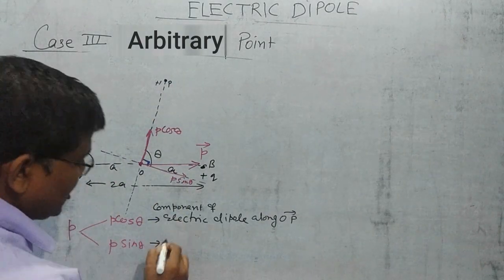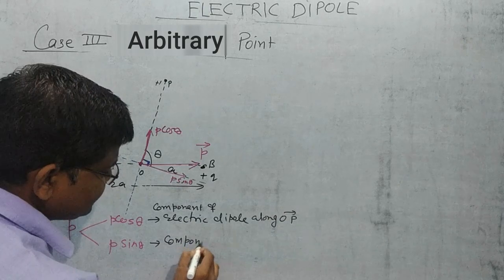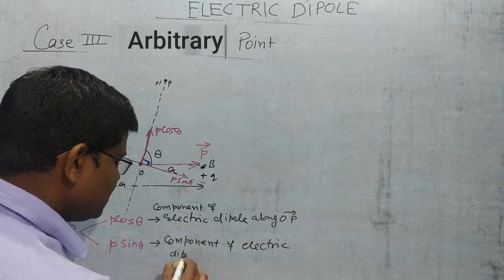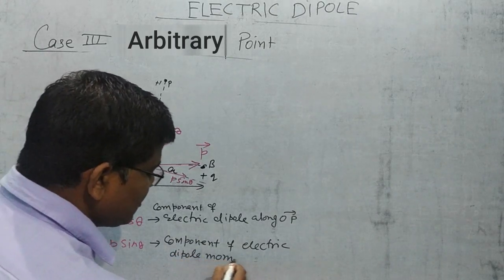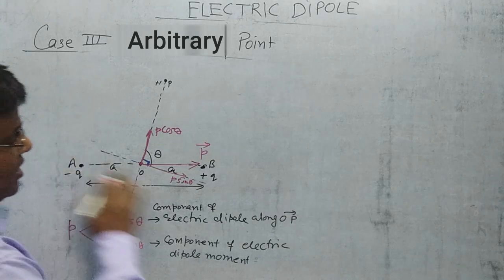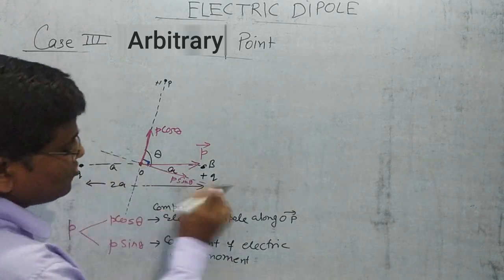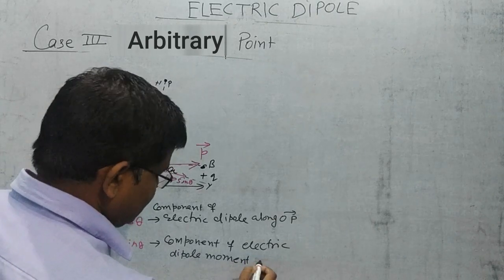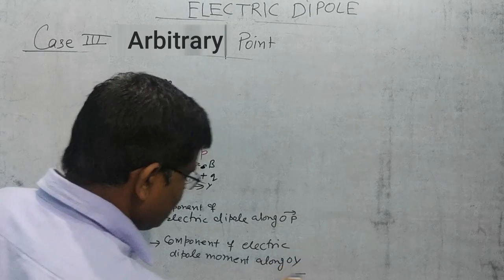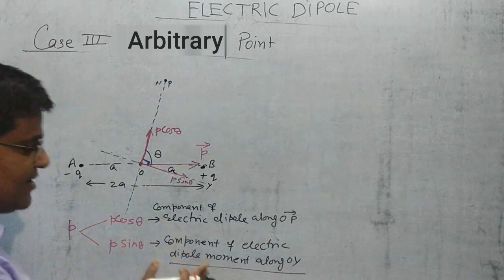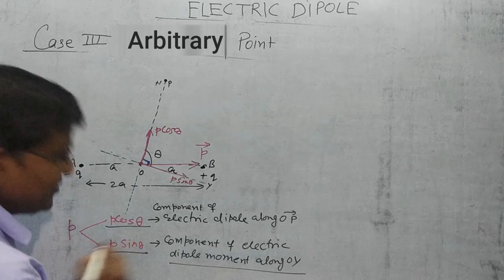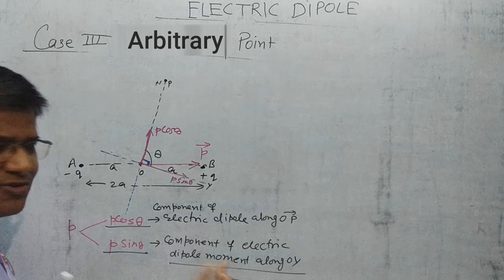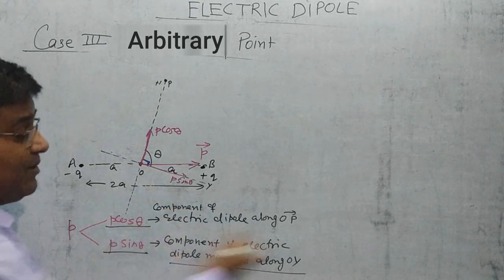And P sin theta is also a component of the electric dipole moment along the perpendicular, O B. I consider both P cos theta and P sin theta as independent electric dipole moments. It is not strictly true, but considered as an independent dipole.